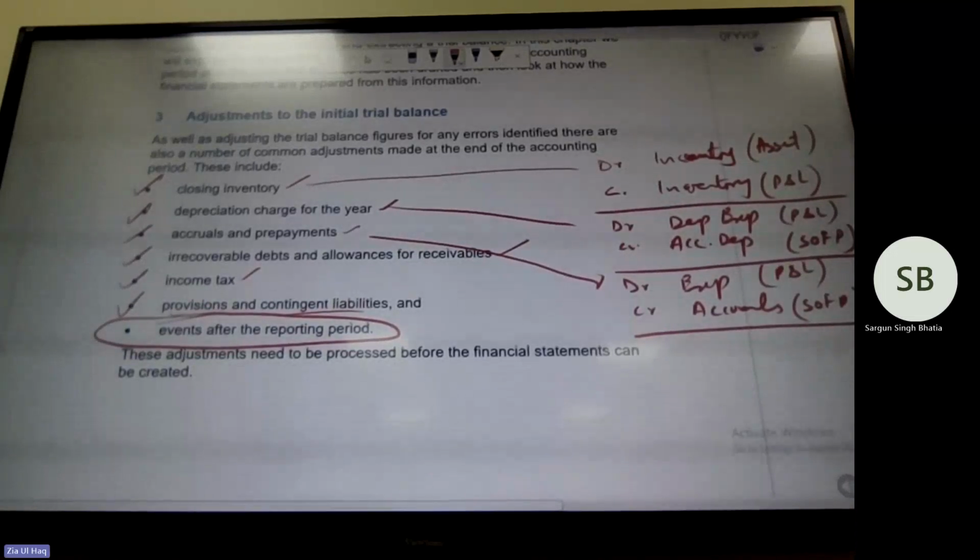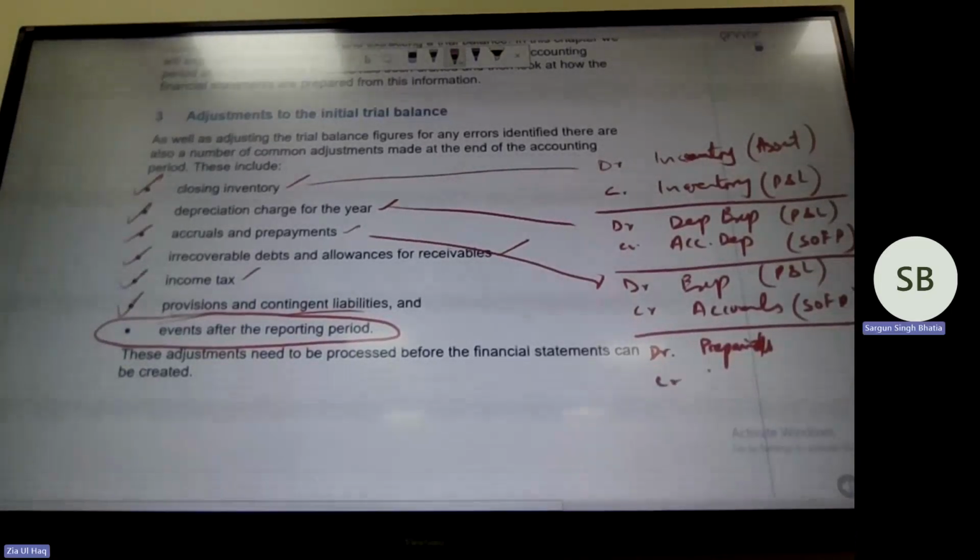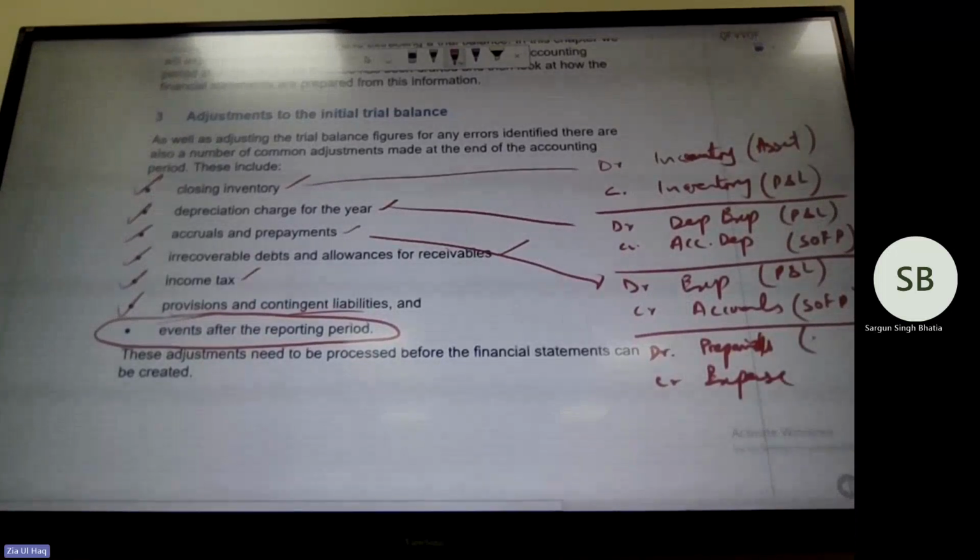What is the entry for prepayments? Debit prepaid expense, prepayments, and credit expense. These prepaid expenses will be recorded as an asset in the statement of financial position, and this expense will be credited from P&L.